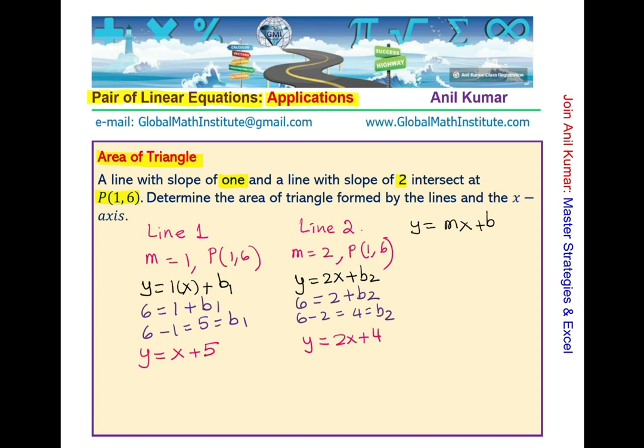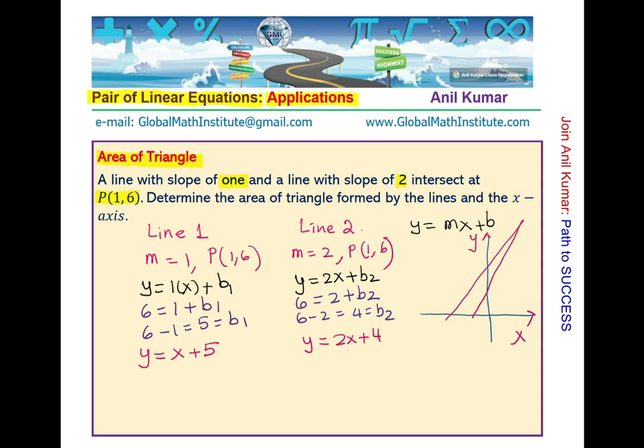Now the question says, determine the area of the triangle formed by the lines and the x-axis. So we have a situation where I could actually sketch the lines, right? And let's say these are the points where they intersect the x-axis.